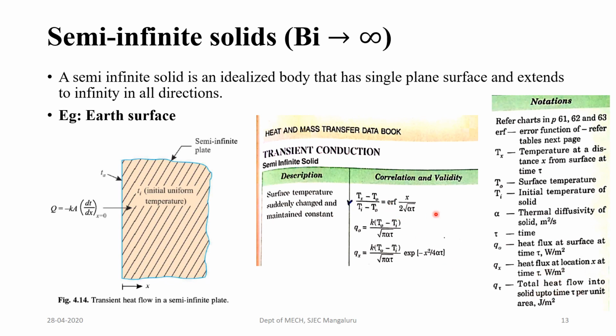Now how to obtain the error function, that is given by this chart in the data handbook, page number 60. For different values of z, the corresponding error function is given. Here z is given by x by 2 root of alpha t.